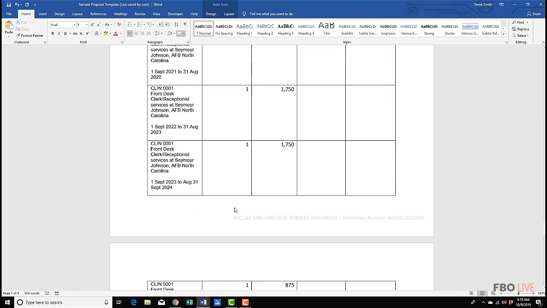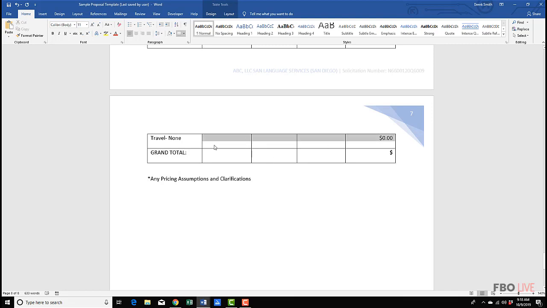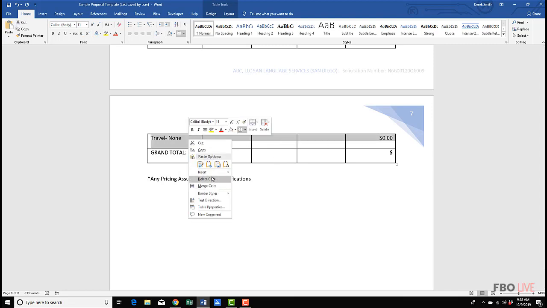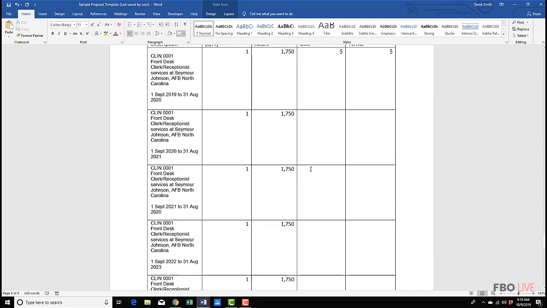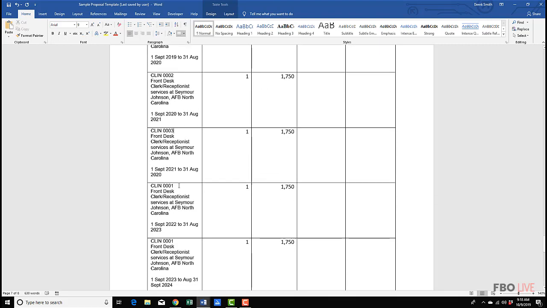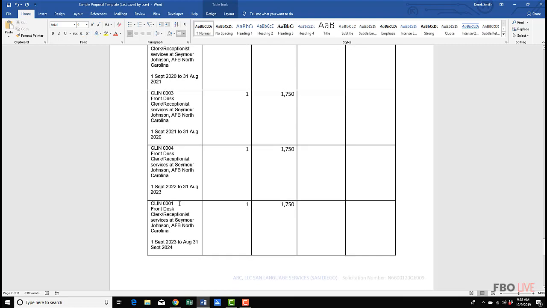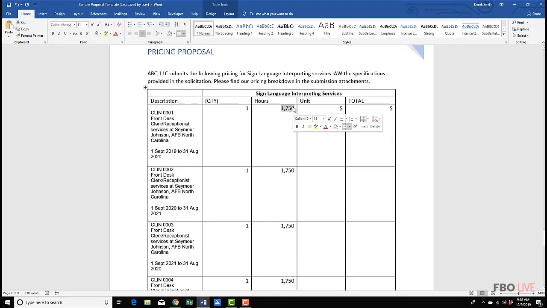It's just that this is all old stuff, so don't worry about it. I'm going to take out some things to make this table match what we need it to. I'm going to take out some things like the travel, and update the CLINs to 0001 through 0005. We know the number of hours is not to exceed 350, so we can update that.